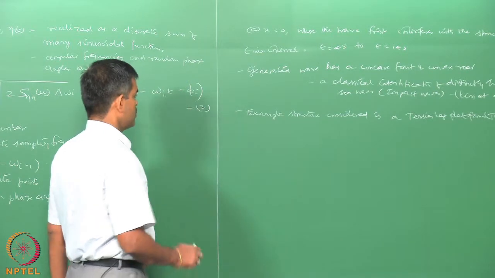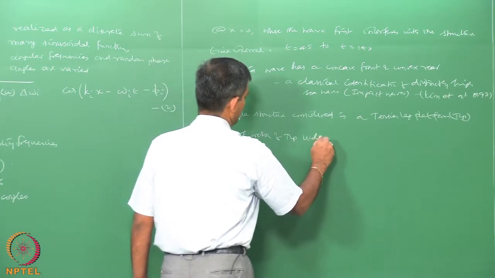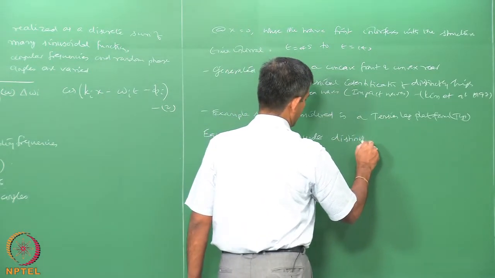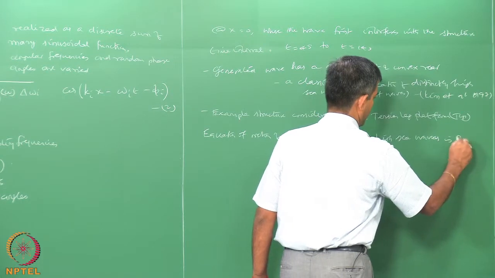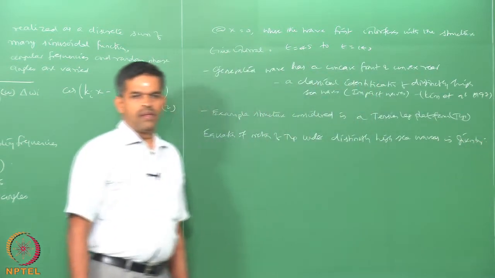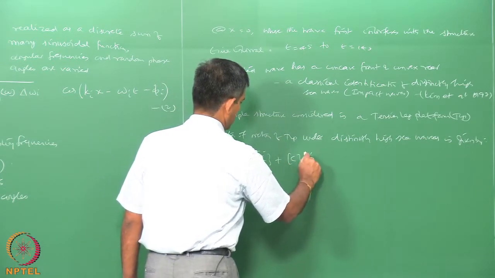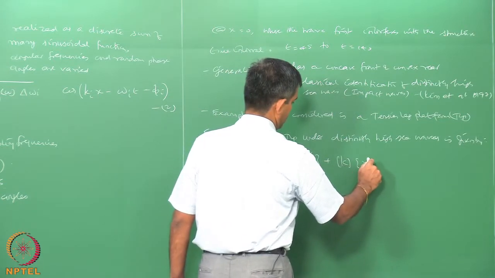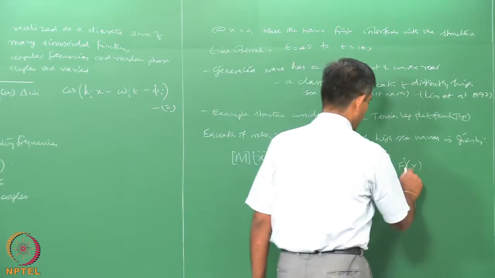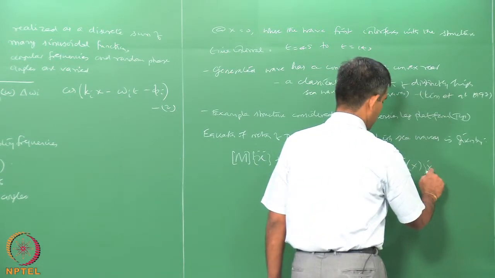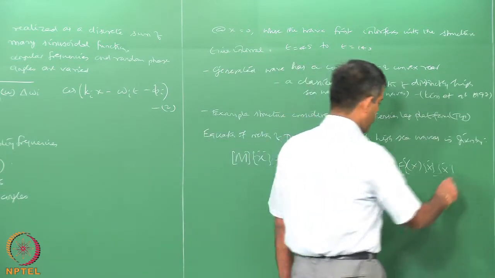Now, the equation of motion of TLP under distinctly high sea waves is given by m x double dot plus c x dot plus k x is going to be f of x, x dot, x double dot, because I am going to include the acceleration as well, and of course, the time t.